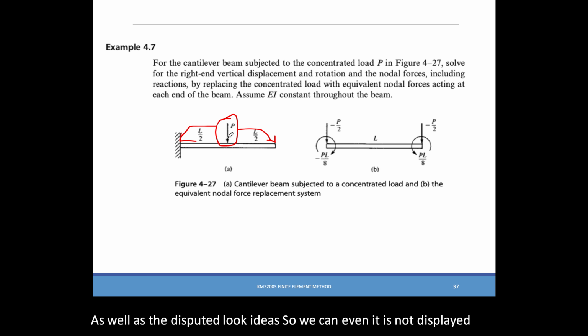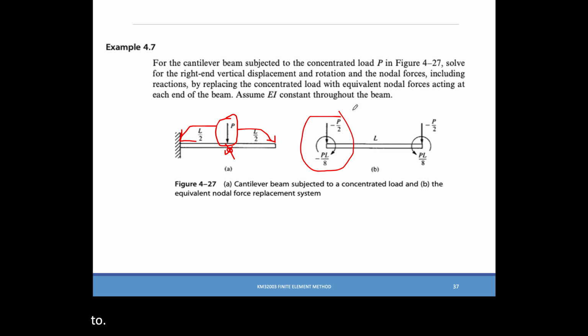Since this is a concentrated load, if we do not want to add an additional node at the midpoint of this cantilever beam itself, we have no choice but to separate them into two parts, equivalent discrete loads at both ends of the element.